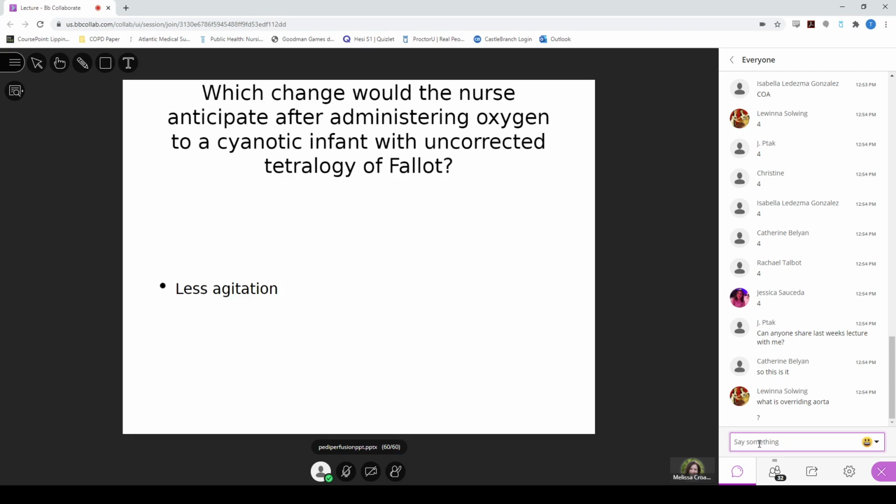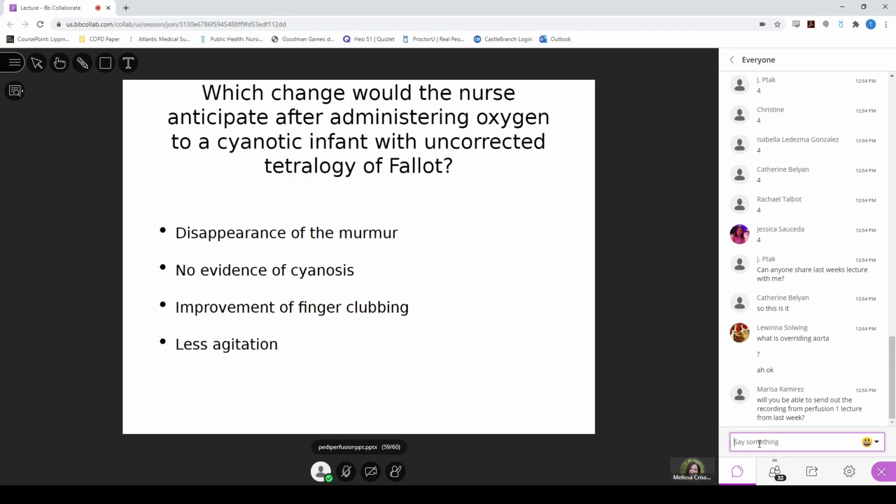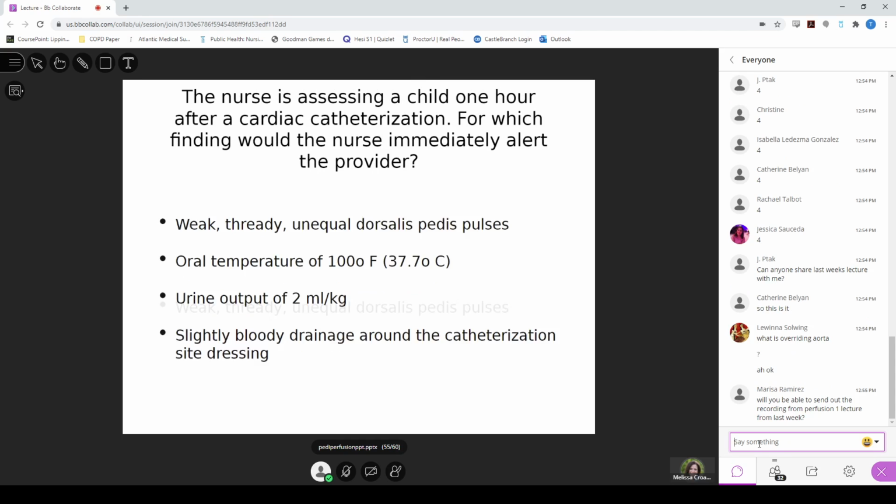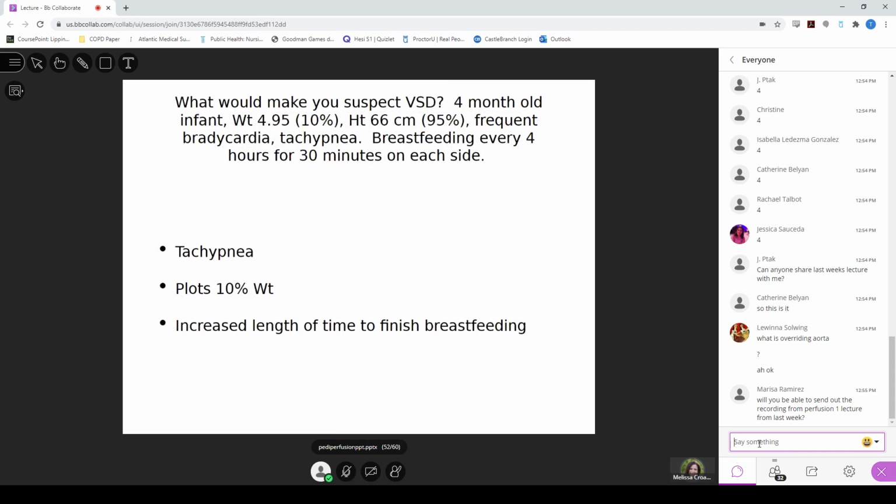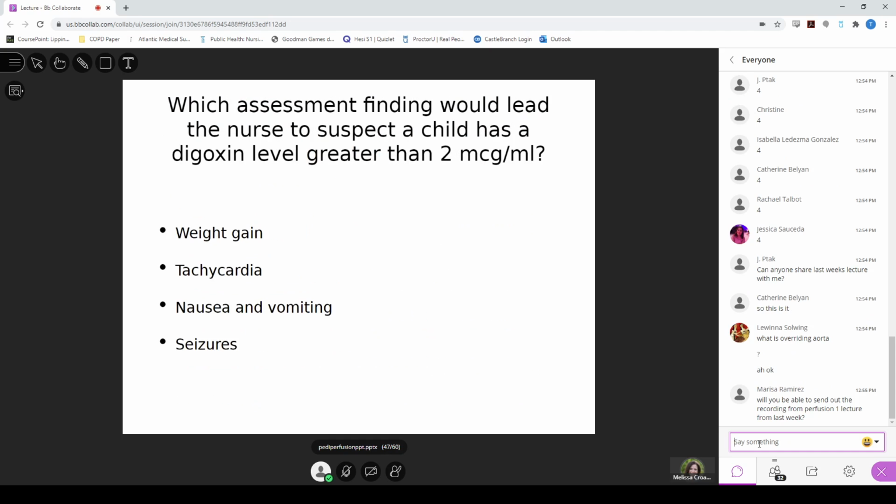What is overriding aorta? It is an aorta that's placed above, over or above a VSD. If you go back, let me show you on the TET slide. I'm gonna go all the way back.